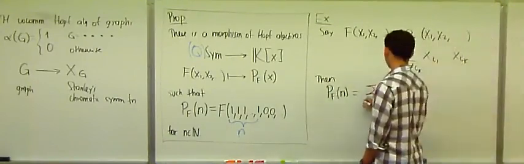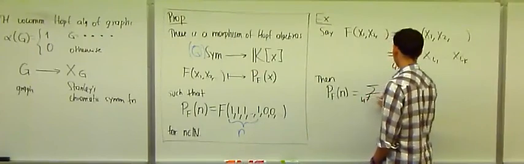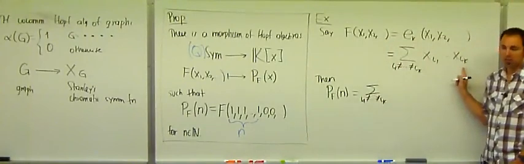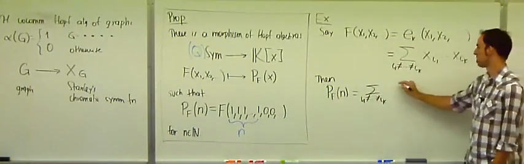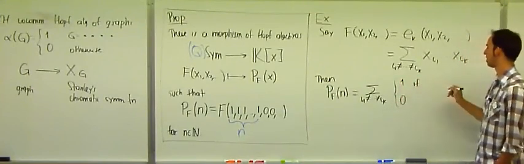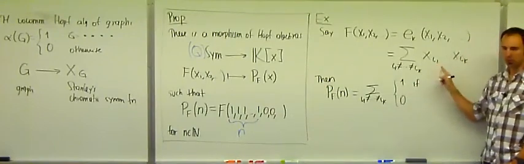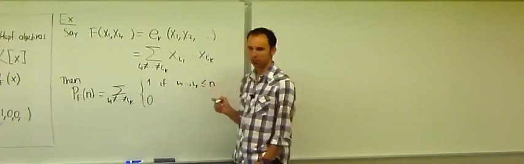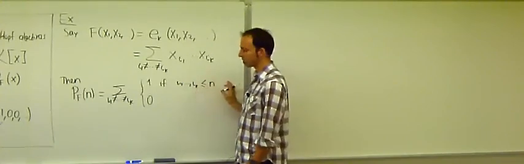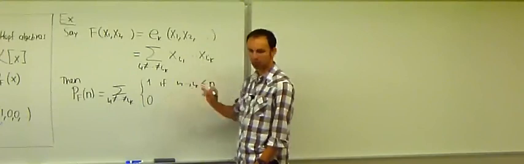So what happens when I plug in a bunch of 1s and a bunch of 0s here? Well, the answer is either going to be 1 or 0, right? So when is it 1? The answer is going to be 1 if all of the factors are equal to 1. In other words, if i1 up to ik are less than or equal to n, right? Because x1 up to xn are the variables that are equal to 1. But if I have any higher variable, then I'm going to get a factor of 0, and so I get this.